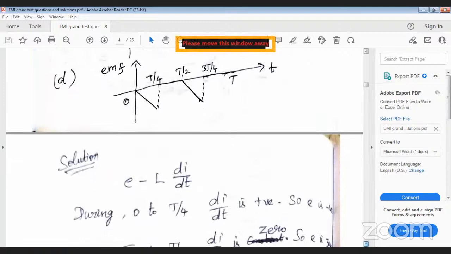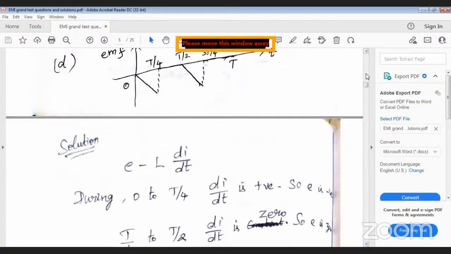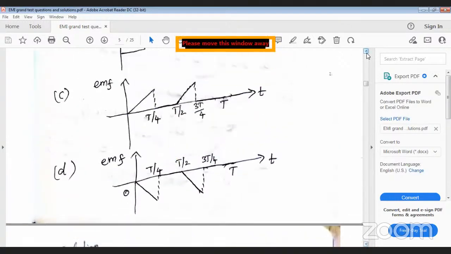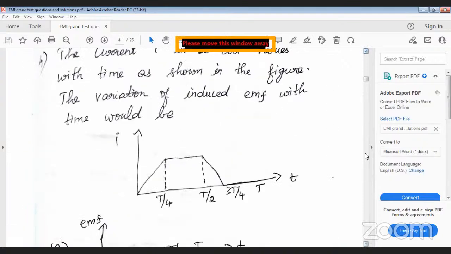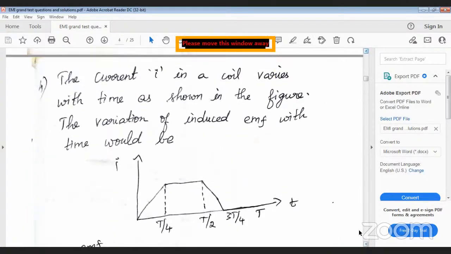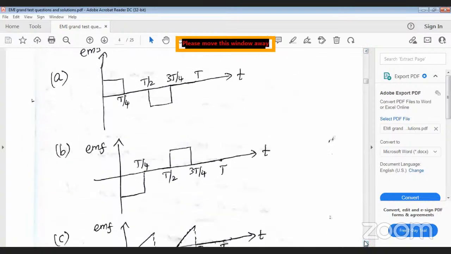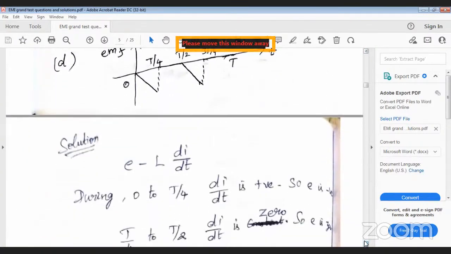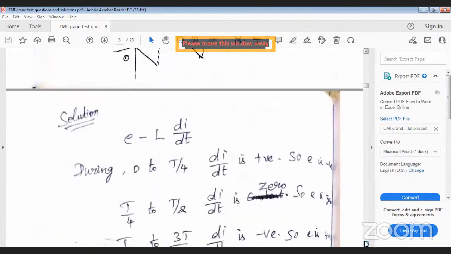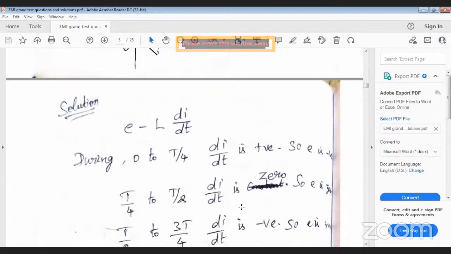So here we have the formula E equal to minus L into di by dt. Why do we have to use this formula? Because here they are asking us to find the answer on the basis of this variation of current. E equal to minus d phi by dt, and phi is nothing but Li. I think you know that very well.